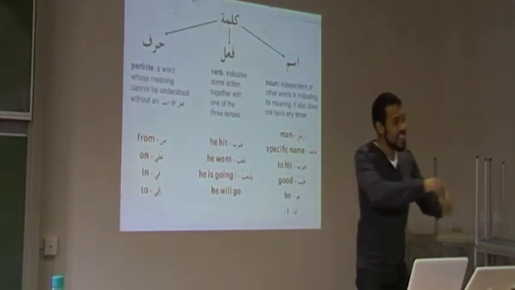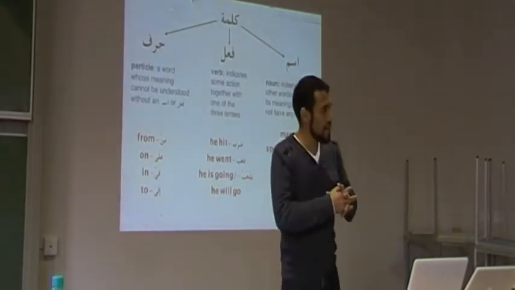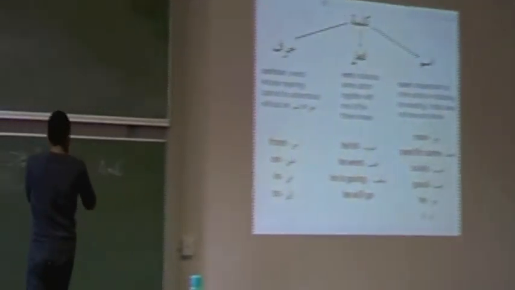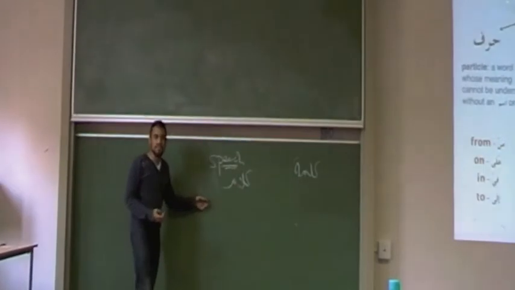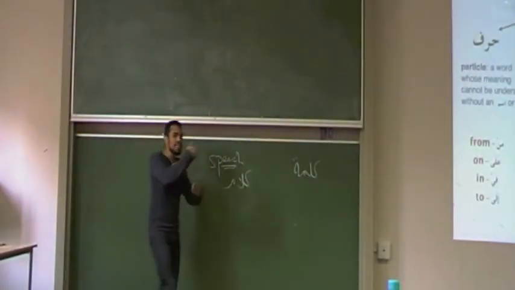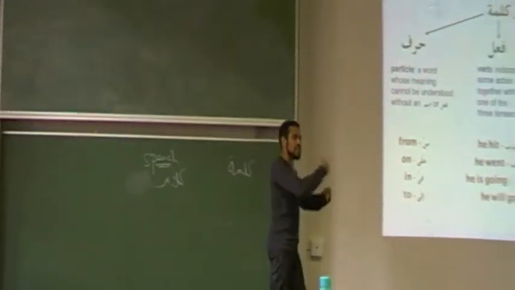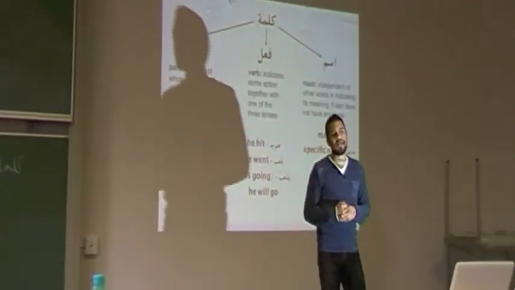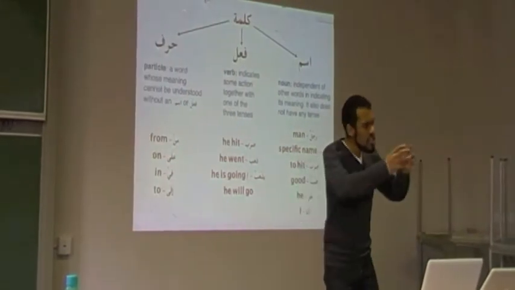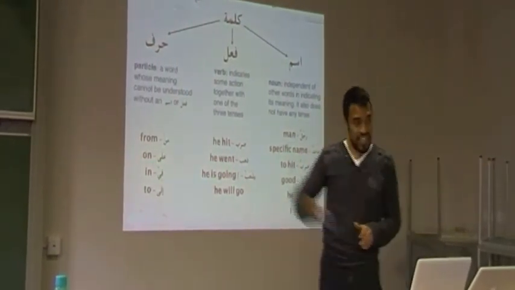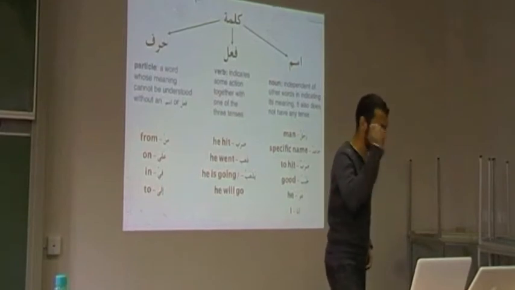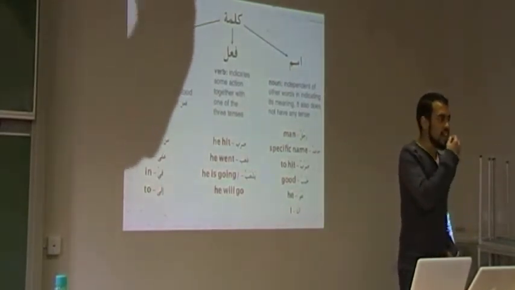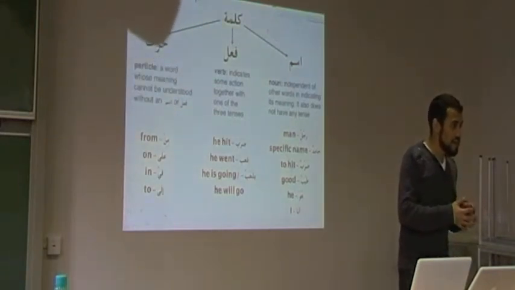It's a compound. So for kalam, for speech, it must be spit off the tongue, it must be audible. That's the first part. The second part is it must be compounded. In other words, it must be a sequence of words. And we'll get to more technical definitions as the course progresses, inshallah.